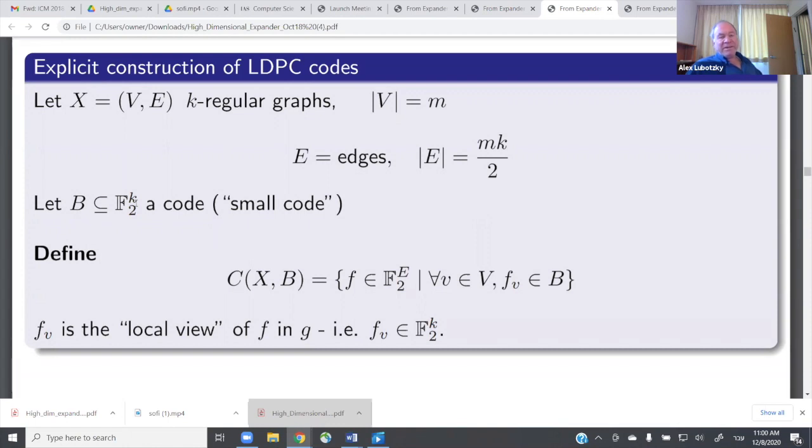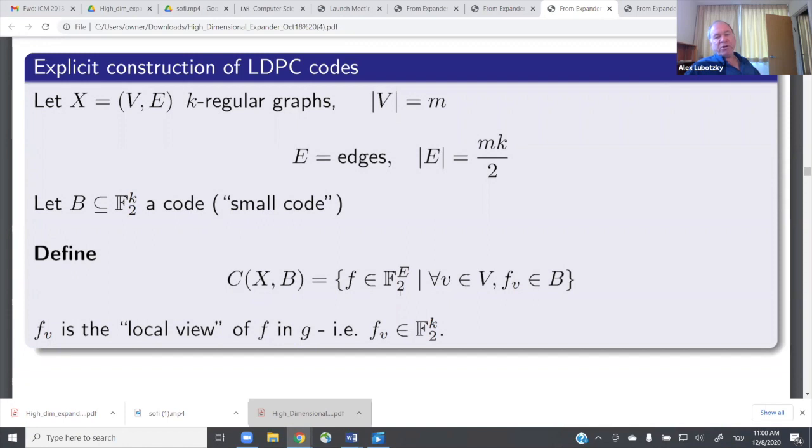And then we'll define the large code on E. Now, the size of E will go to infinity, because M will go to infinity. And so we are getting a family of codes, all of them defined using a fixed small code. This will be the following. We look at all the functions on the edges of the graph, functions from E to F2.